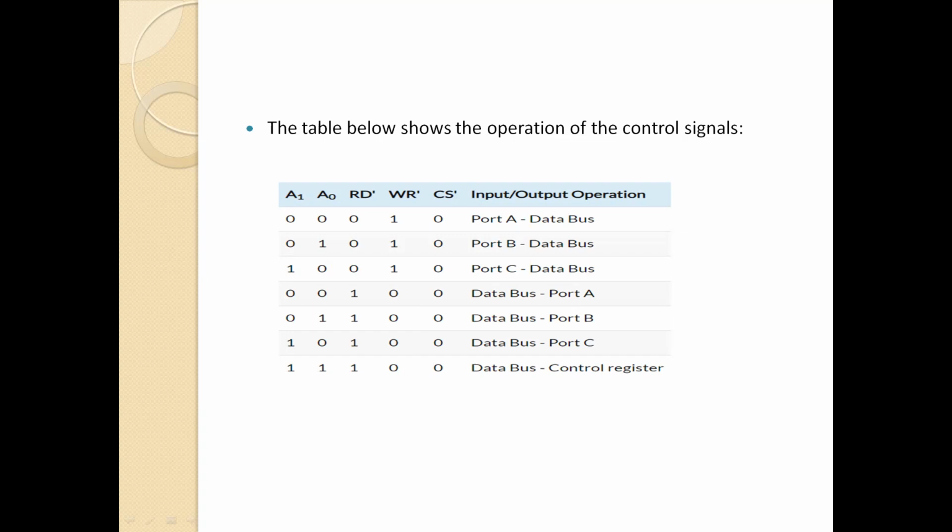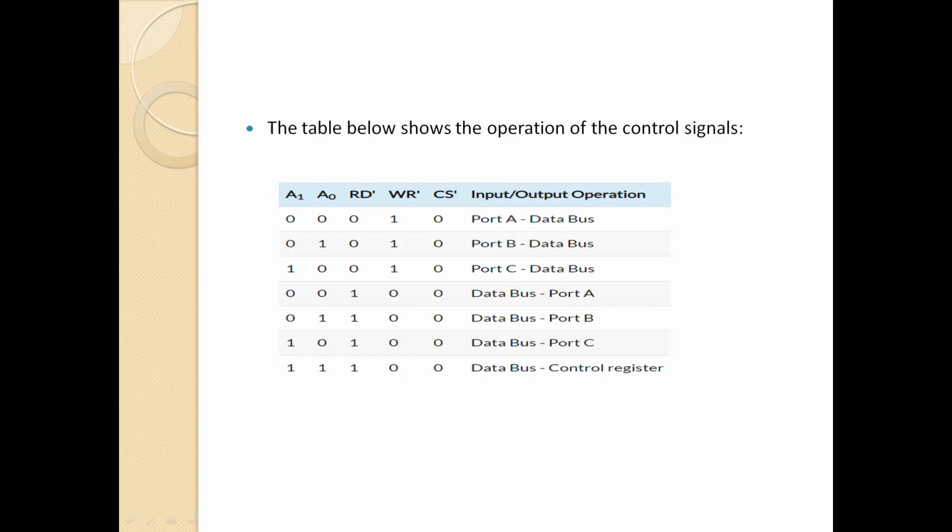Likewise, depending upon the signals on A0 and A1, port B is read to the data bus of the CPU. For 10 on A1 and A0, the data on port C is read to the data bus of the CPU.